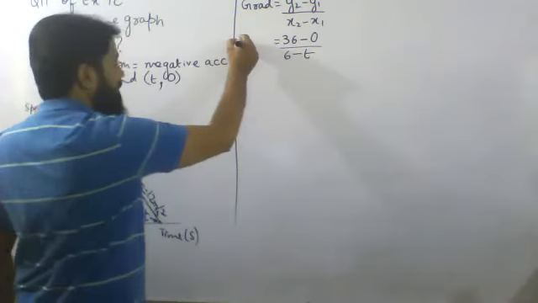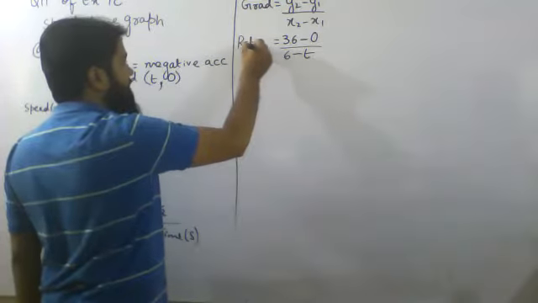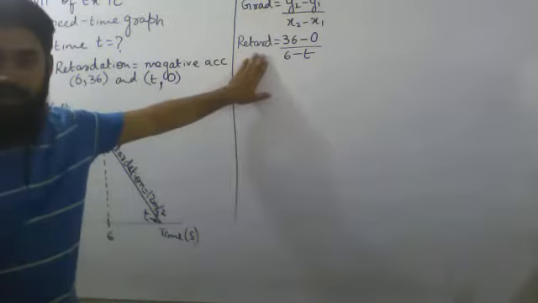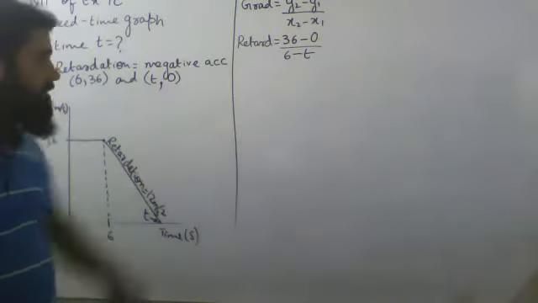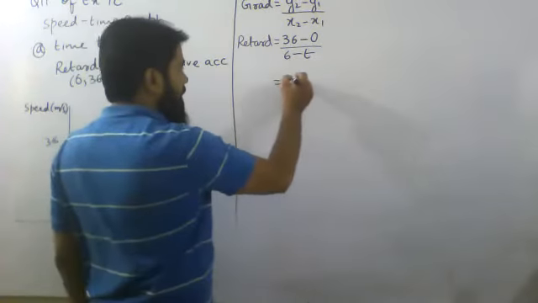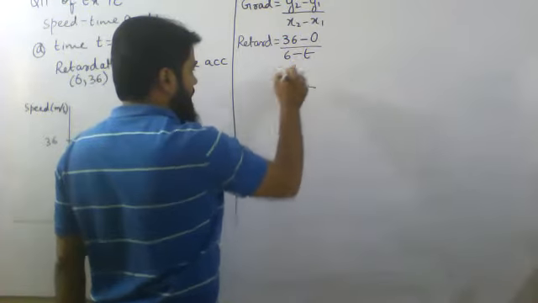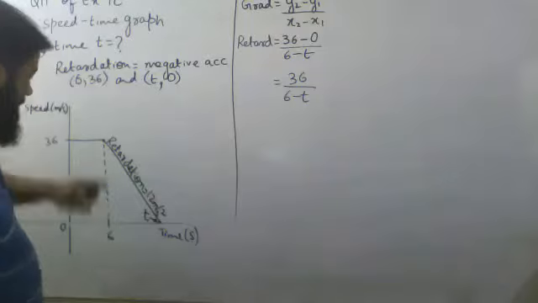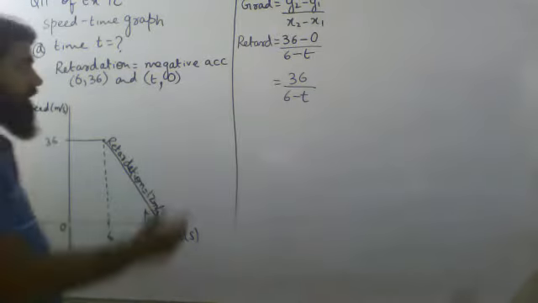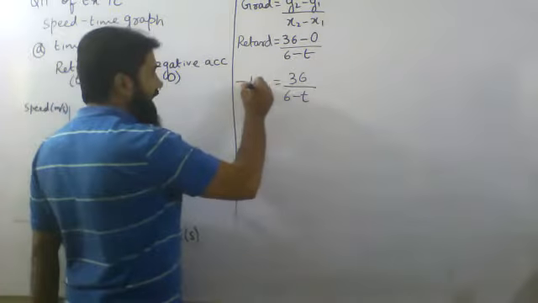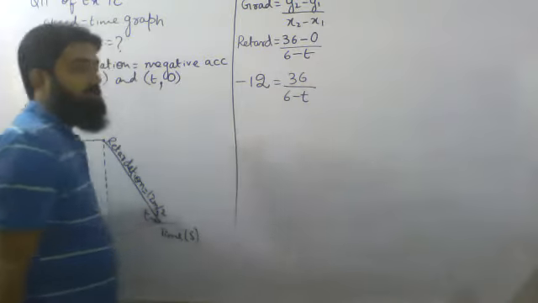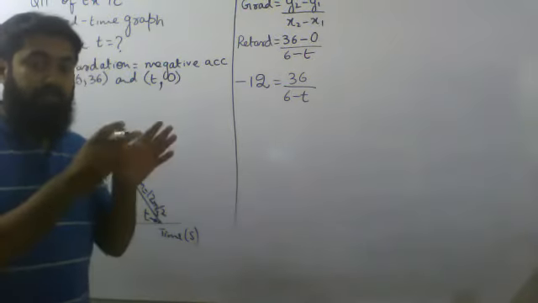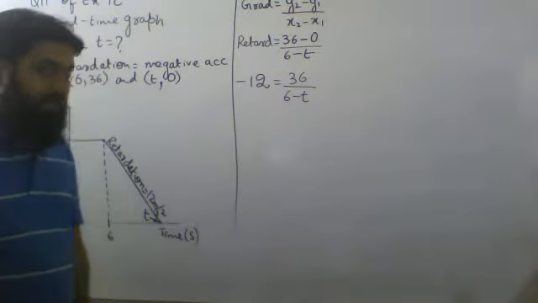Gradient is showing retardation over here, so I have written retardation over here. 36 over 6 minus t. Retardation is given as 12, but when you write it over here, you will write it as minus 12, because retardation means negative acceleration, means speed is decreasing.